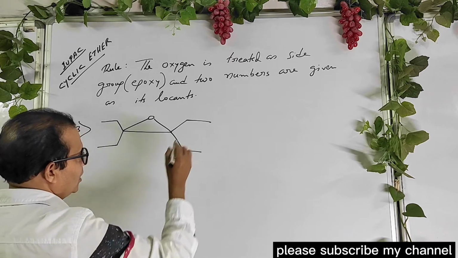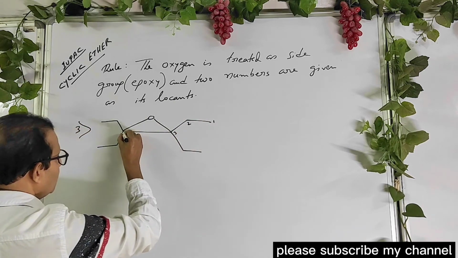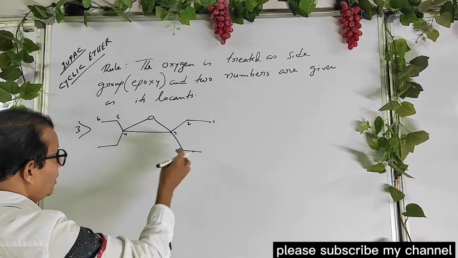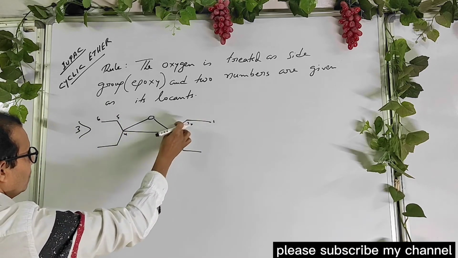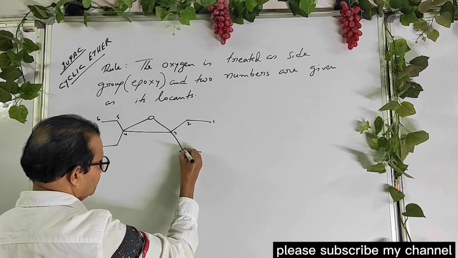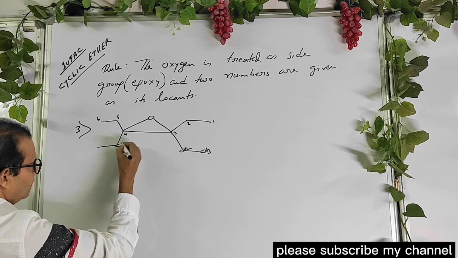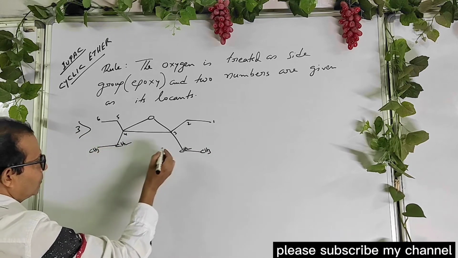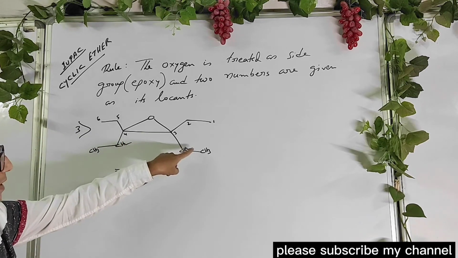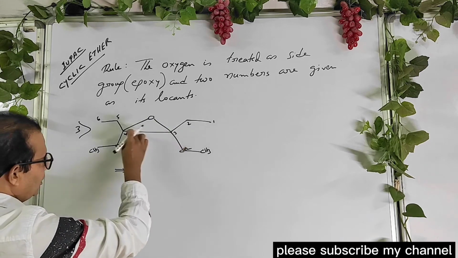Numbering of carbon should be the longest. 1, 2, 3, 4, 5, 6. You can number from here also. This is a substituent. So you know that when there are same substituents, write comma between their positions.